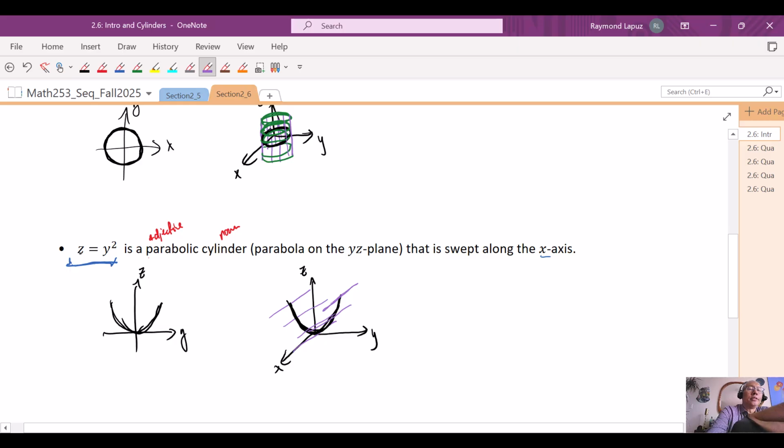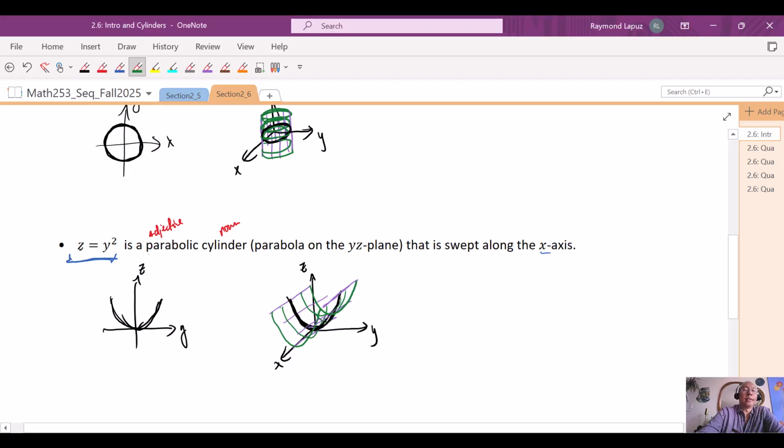And then each of those rulings will be running through the curve that is describing this parabola. So you can imagine a parabola up front, a parabola behind, and all kinds of other parabolas in the middle. So this is a cylinder because it's something that's being swept, but the shape is a parabola, so it's a parabolic cylinder.